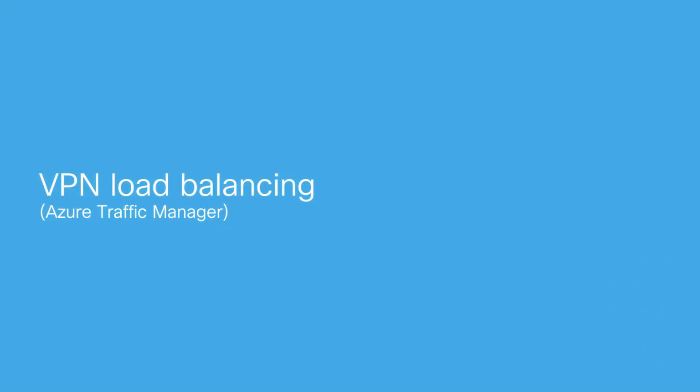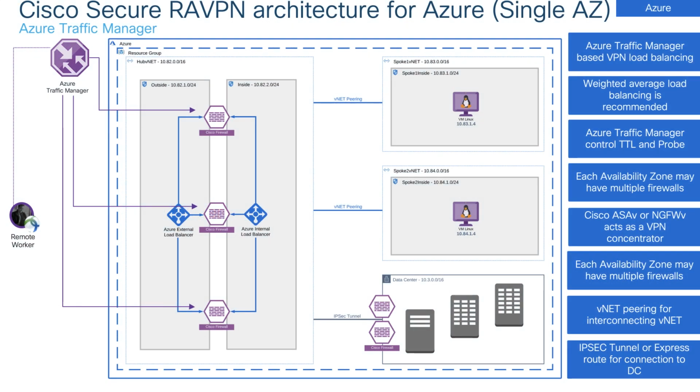Now let's go to some intelligent load balancing mechanisms. There is a native service available known as Azure Traffic Manager, which is ideal for this particular solution. In Azure Traffic Manager, you have the option of defining weighted average load balancing. You can use it to load balance your VPN traffic. It can load balance traffic to multiple availability zones.